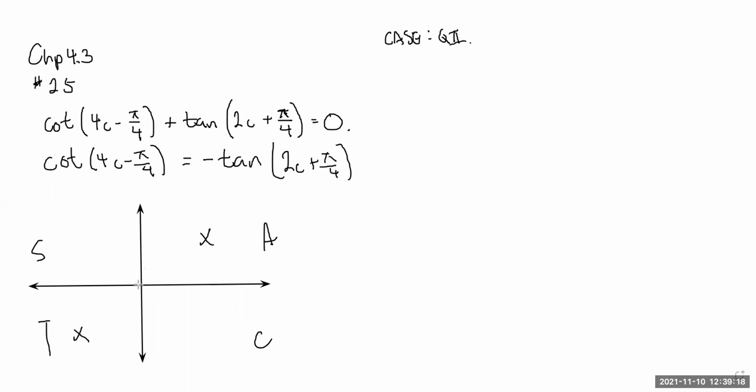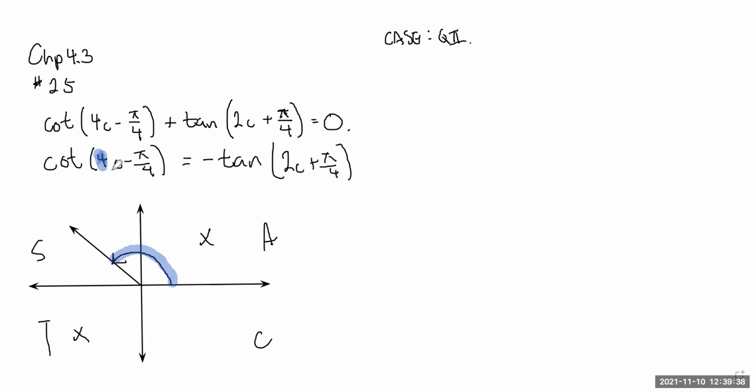Let's see if I can get a one-sided arrow going. Let's pretend that this is my angle for the cotangent, and let me color it in blue.